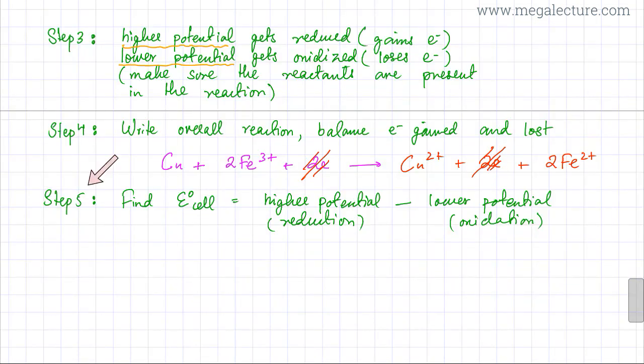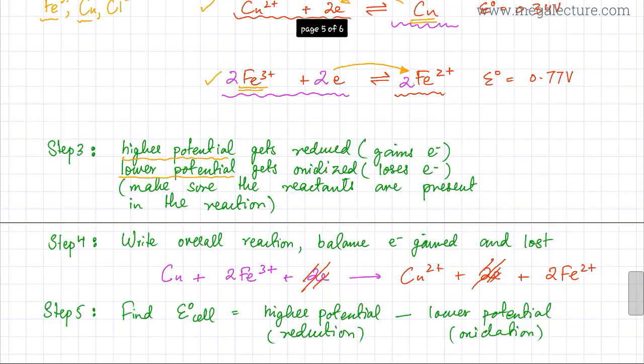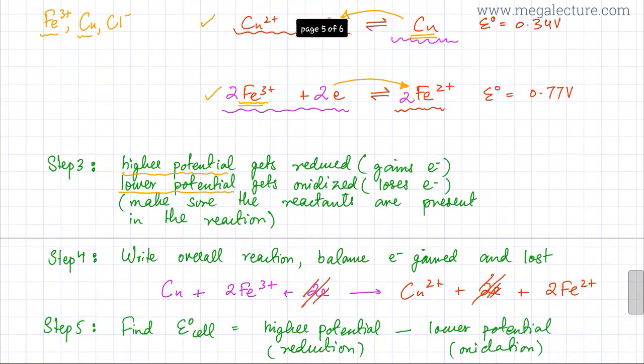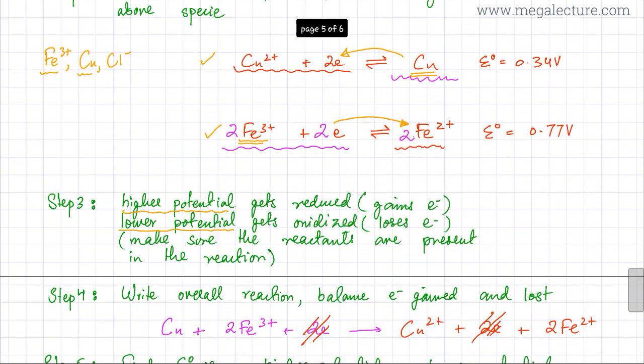Moving now to step 5, which is that we need to find the overall E0 cell, the cell potential, which is basically higher potential minus lower potential, or the reduction potential minus the oxidation potential. So we are going to go back to the two reactions, two electrodes that we selected. This was our reduction potential, or the higher potential, 0.77 volts.